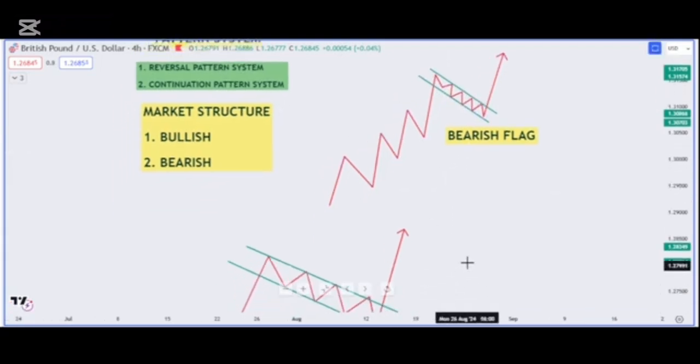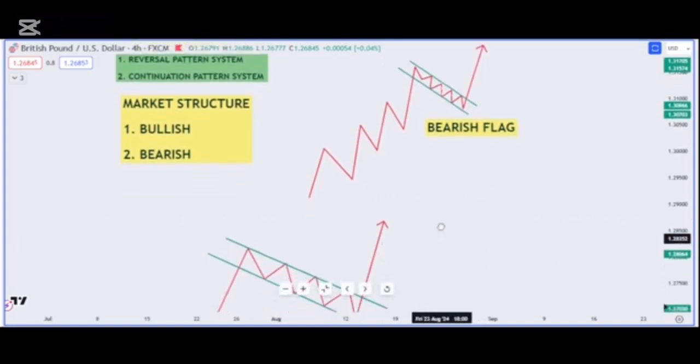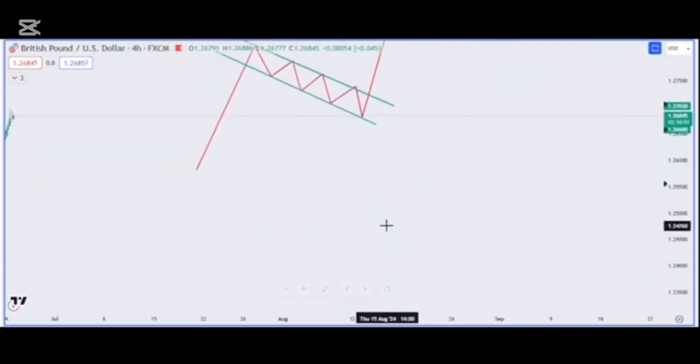Now, let me explain the bearish continuation pattern as well, so that we can understand it. You can only use the bearish continuation pattern in a downtrend market, whereby the market condition is giving us something like this: lower high, lower low, lower high, lower low to the downside.